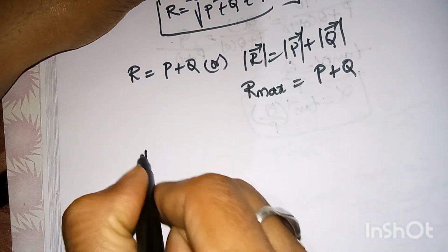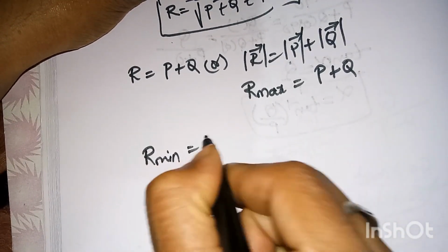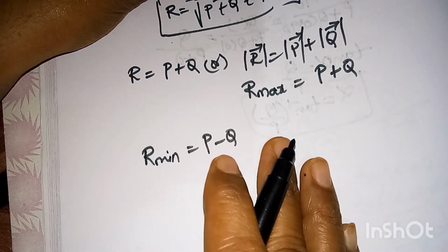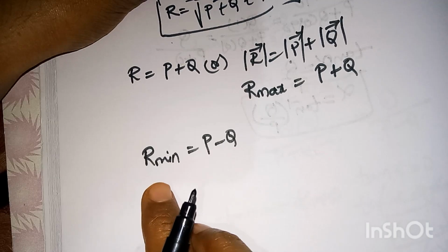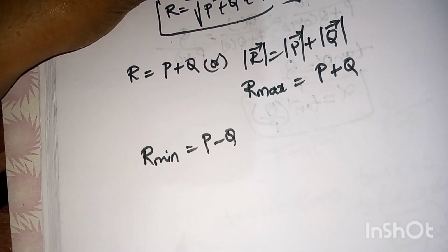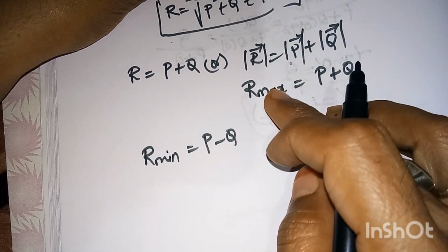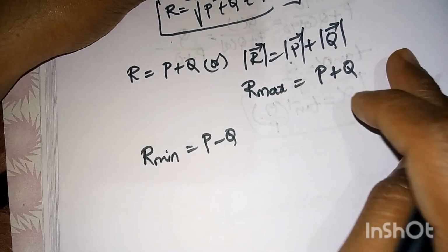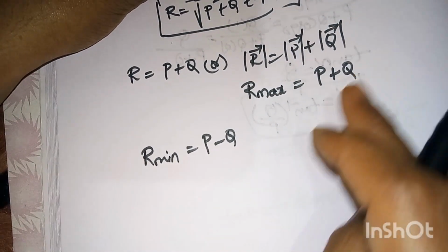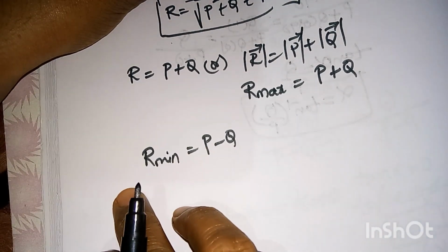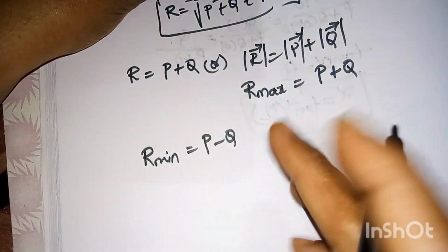R becomes minimum, P minus Q, when two vectors are moving opposite to each other. Just remember that the magnitude of resultant is maximum when two vectors move in the same direction, and when they move opposite to each other the magnitude of resultant becomes minimum.